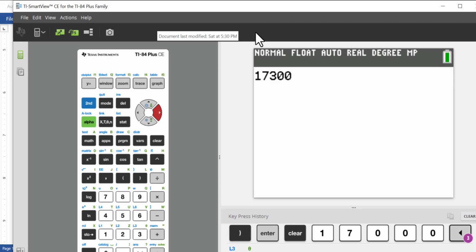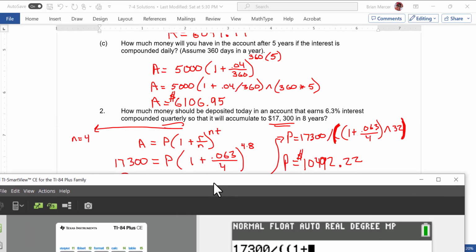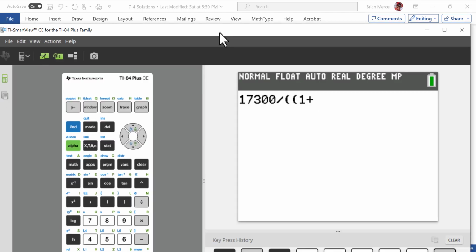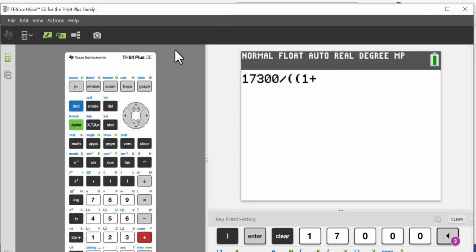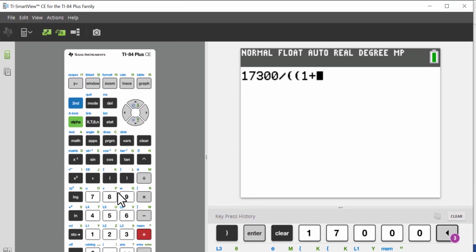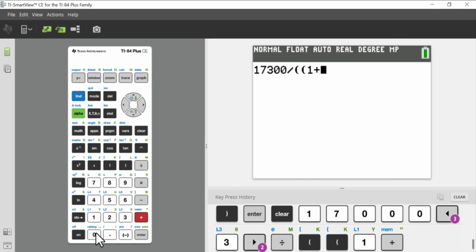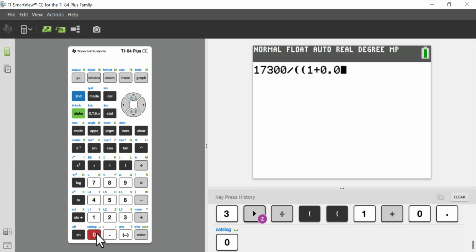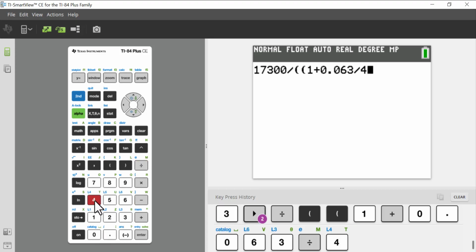17,300 divided by, and then the first thing you do is hit parentheses twice, because the first one is the whole denominator, and then the second one is 1 plus 0.063 over 4. 0.063 divided by 4.